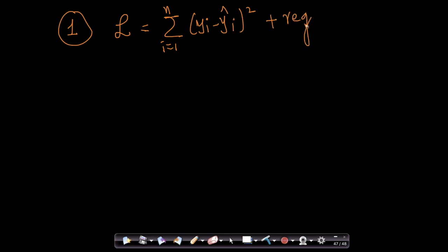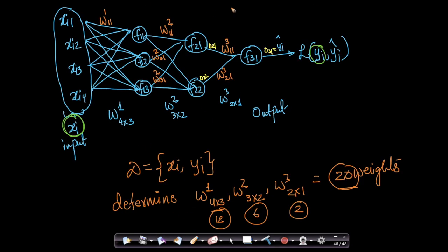So step 1, let's go step by step. First step is to define a loss function. Let me write my loss function as squared error: summation over i equals 1 to n of (yi minus yi hat) squared, plus some regularization. The regularization is on the weights. Any weight here can be represented as W with a superscript k and subscript i, j.